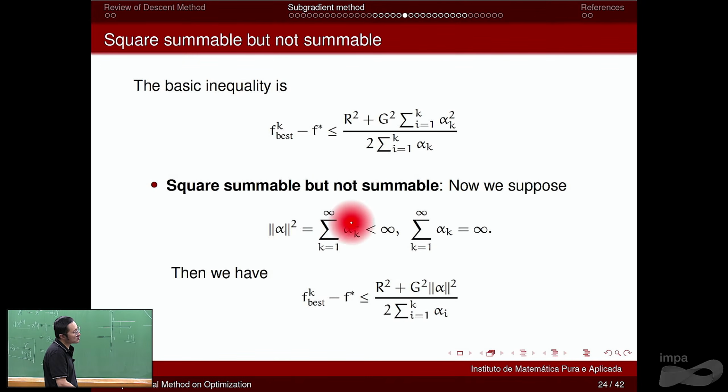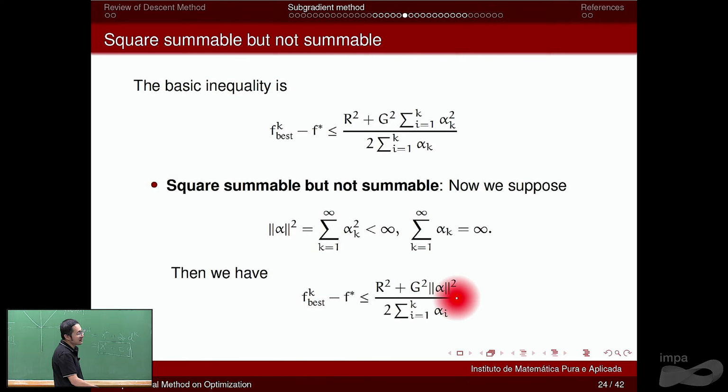We assume the sum of alpha squared is bounded, so you have this. And since alpha k is not summable, this summation approaches infinity.